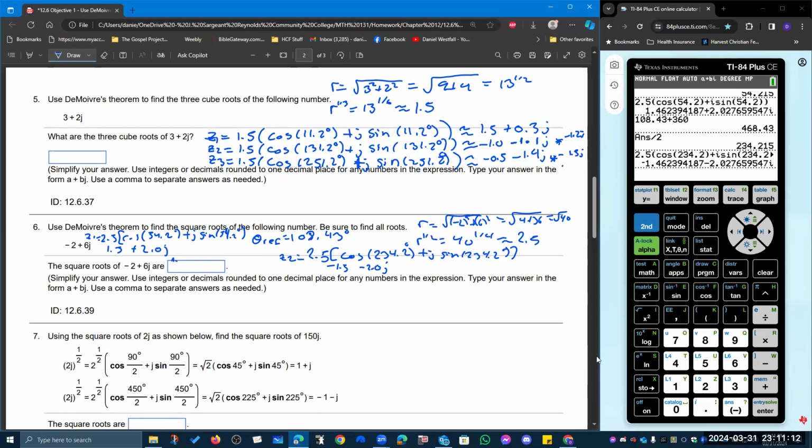So 1.5 plus 2.0j, and negative 1.5 minus 2.0j are my two answers there.